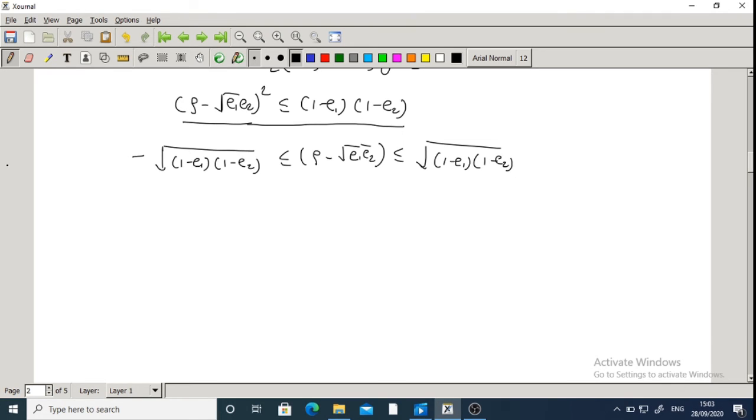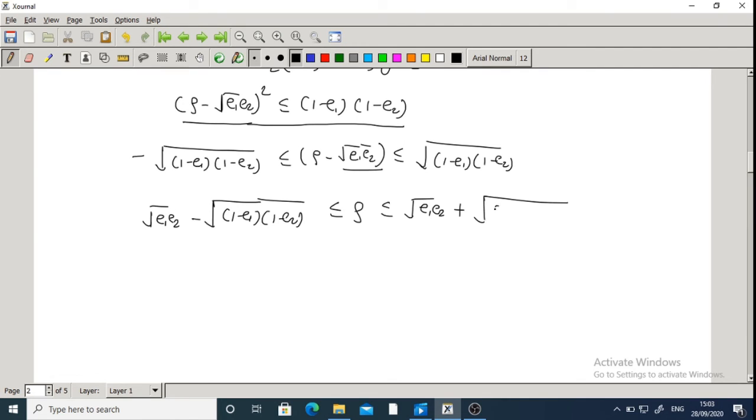After that, we take this square root of E1 E2 on both sides, so we'll get square root of E1 E2 minus square root of (1 minus E1) into (1 minus E2), which is less than or equal to rho, and which is less than or equal to square root of E1 E2 plus square root of (1 minus E1) into (1 minus E2).